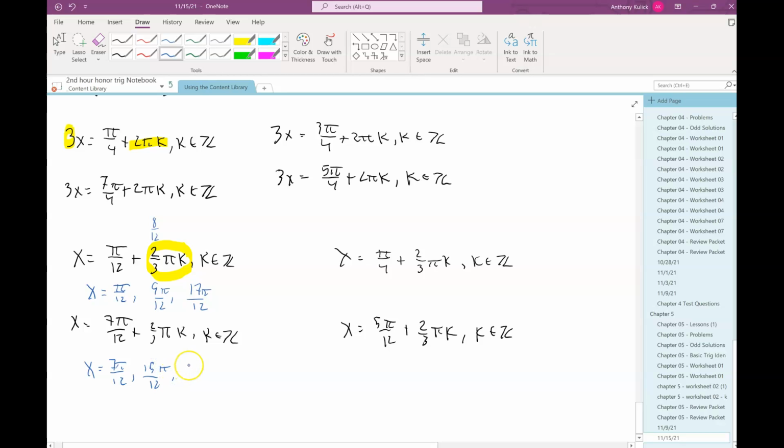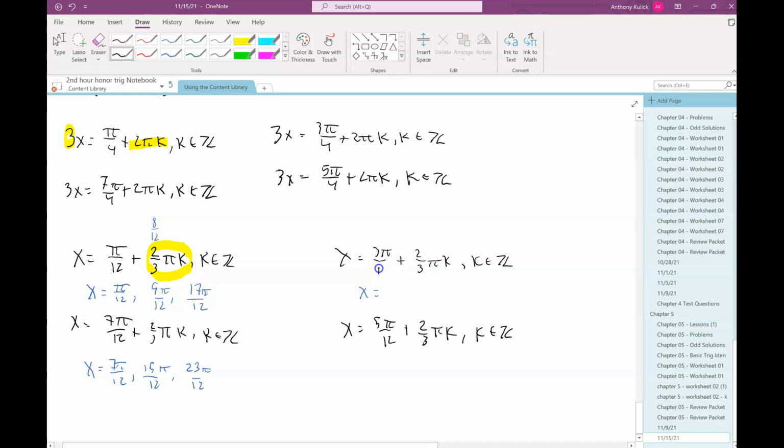And I add another 8/12, and that gives me 23 pi over 12. That's still good. But if I add another, way too big, right? I'm already almost to 2 pi there. If I add another 8/12, I'm way over. Over here, maybe it makes more sense for me not to have reduced that.